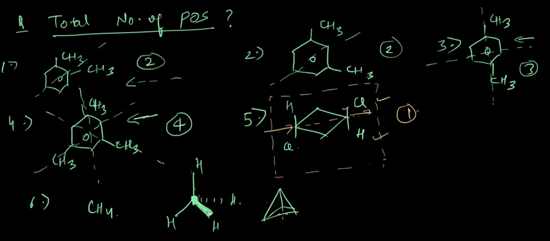So 1, 2, 3, 4 are the faces, plus we can also dissect from the center of the tetrahedral, plus we can also dissect from a plane which passes from the center of the tetrahedral and is horizontal to the base of the tetrahedral.